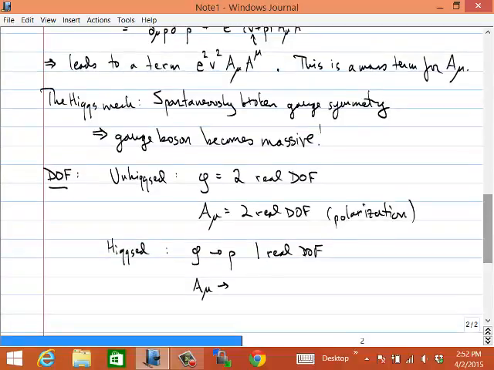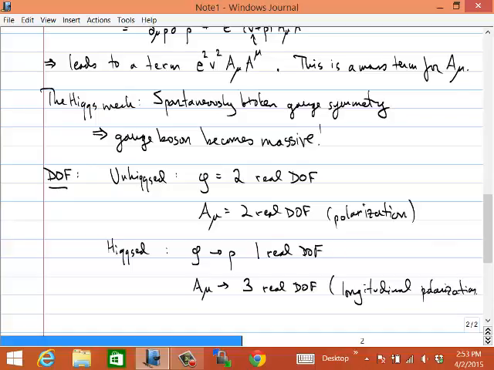And so indeed, as we'll see, I'll work this out in a bit more detail in just a few minutes, A is now going to have 3 real degrees of freedom, because the longitudinal polarization of the gauge boson, the polarization where the polarization vector epsilon is proportional to the direction of motion, k_mu, the momentum k_mu of the gauge boson, now becomes physical.